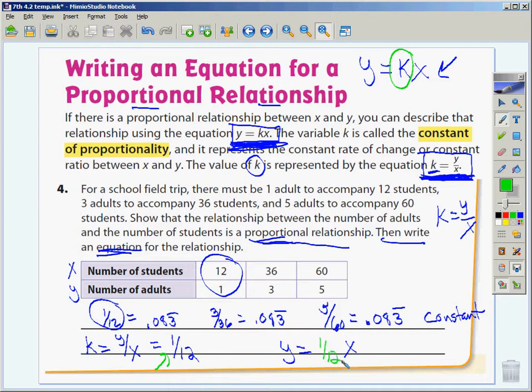So the equation is Y equals 1 over 12 times X. Pretty good?